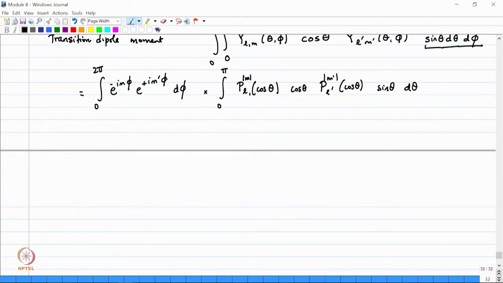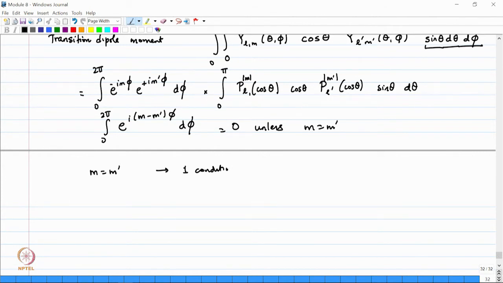What you can see from the first integral is that it looks like the integral from 0 to 2 pi of e to the i (m minus m') phi d phi. And this is equal to 0 unless m equals m'. If m is not equal to m', then you can easily show that this goes to 0. So, the first integral is just this. Therefore, m equal to m' is one condition, or selection rule.